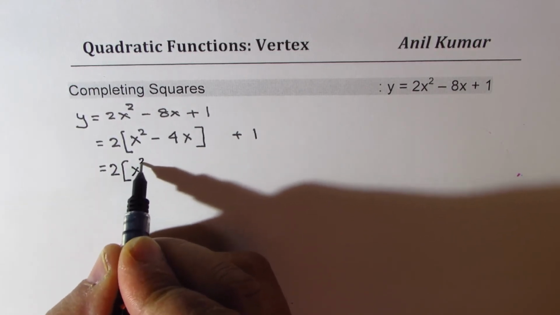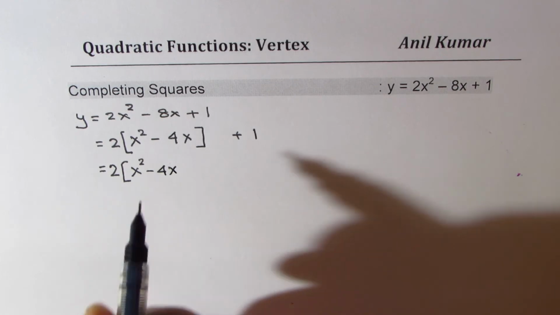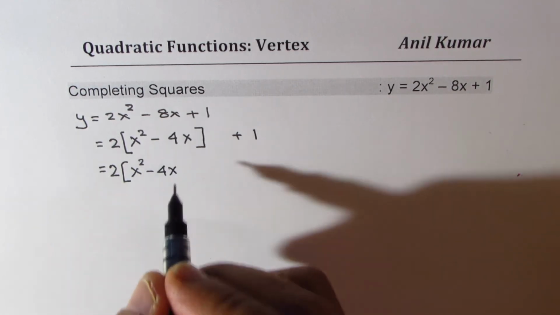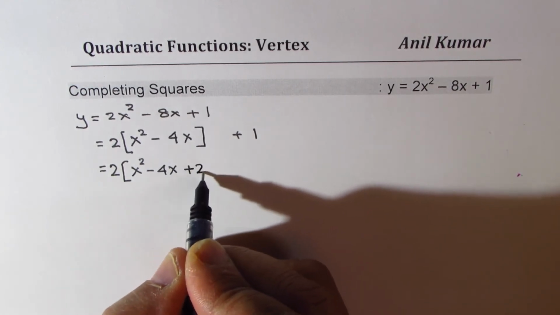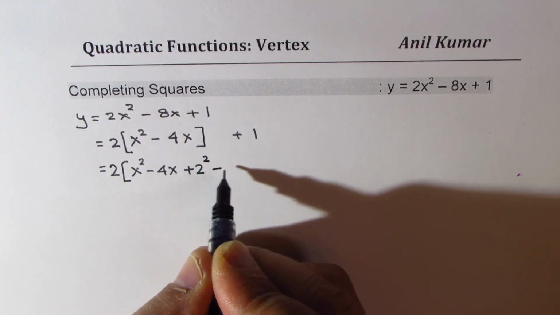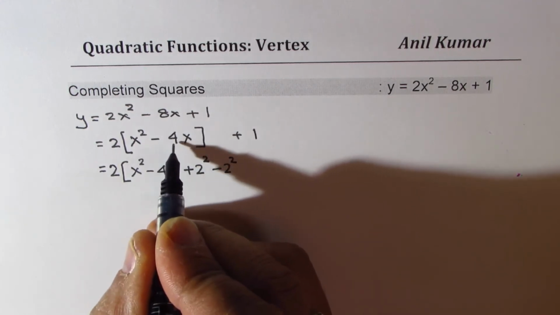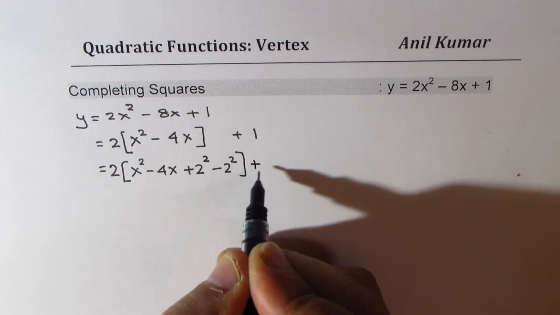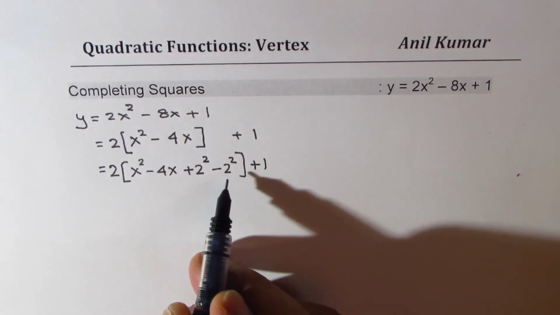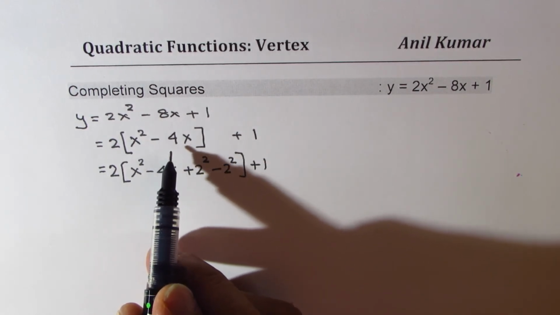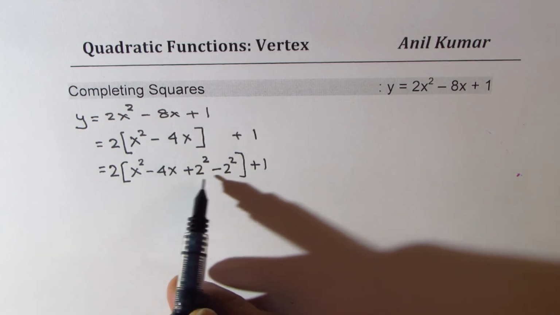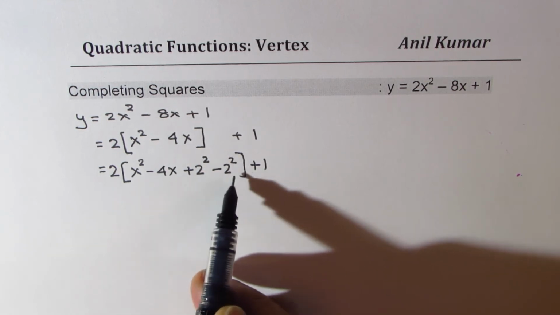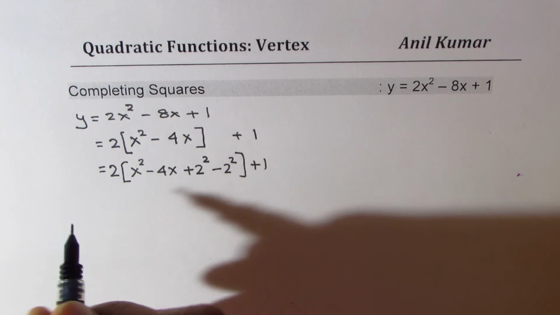Now the second step is to complete the square. How can you do that? To complete the square, we take half of 4, which is 2, and we add and subtract the square of that number, half of 4. When you add and subtract the square of half of 4, you don't really change the equation because you're adding and subtracting the same number.